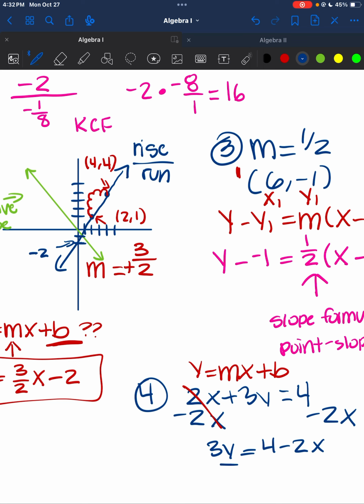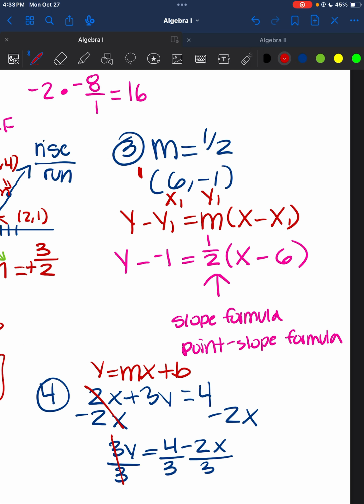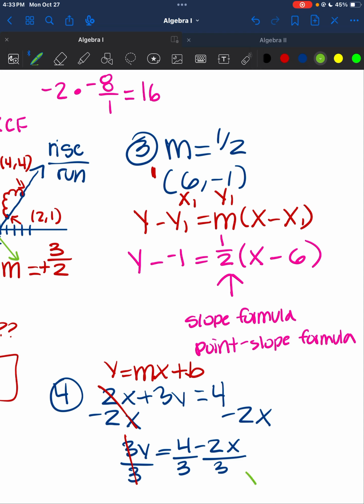So to undo this, I'm going to divide by 3. I'm going to divide by 3 on this side as well. Whatever you do to one side, you have to do to the other. So those 2 are going to cancel. And I'm left with y is equal to 4/3 minus 2/3 x. This would be my final answer.